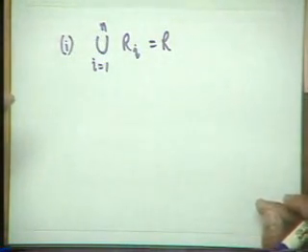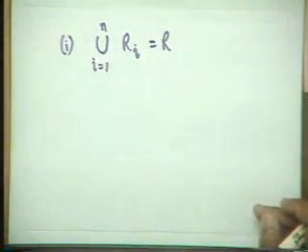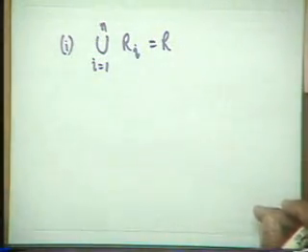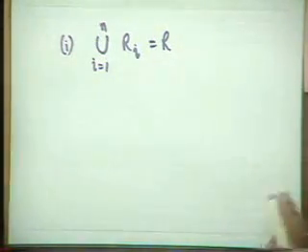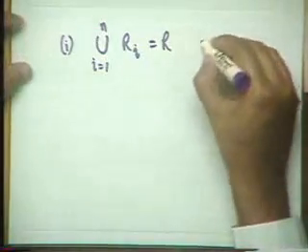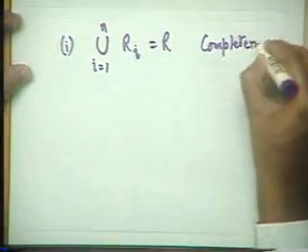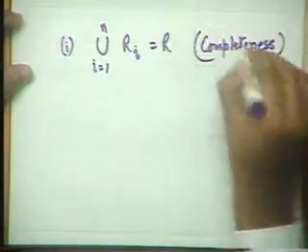That means there is no other pixel which hasn't been classified into any one of the regions. So the image has been fully divided into a number of regions. All right. So this indicates the completeness property of segmentation.